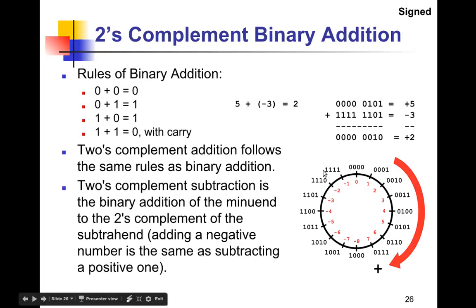But anyway, the nice thing about this is, notice that when you go from minus 8 to minus 7 to minus 6, you're increasing, and also you're increasing when you go from 1000 to 1001 to 1010 and so on in a binary way. So that's why that works.